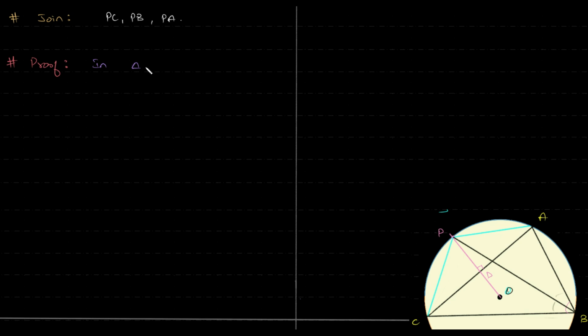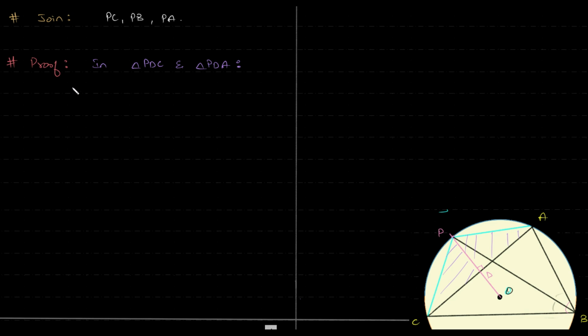In triangle PCD and triangle PDA, let me make it a bit simpler: PDC and PDA. So we have these two triangles, the first one and the second one.